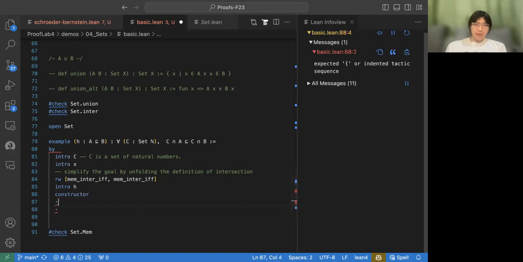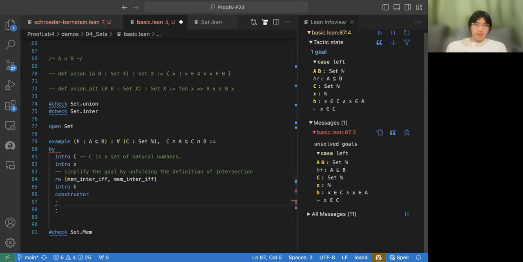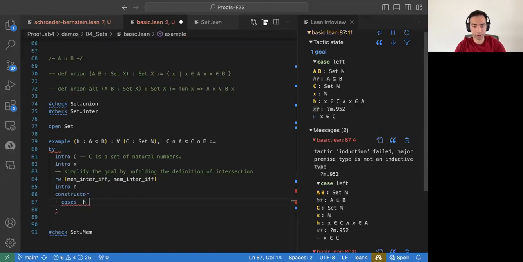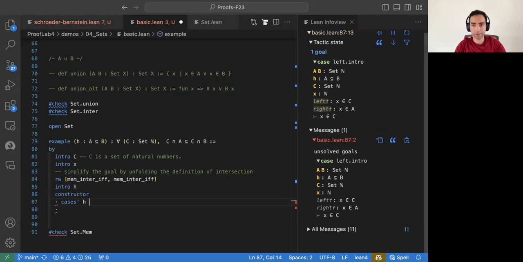Can I do cases prime? Cases prime H at H, you mean? I mean, yeah, let's see. Cases prime at H. Yeah, it gives you a left and right, if you like.